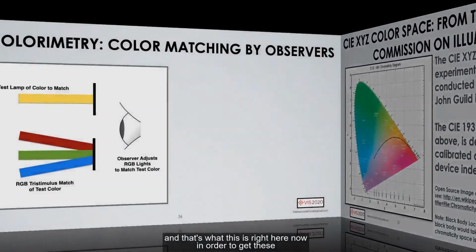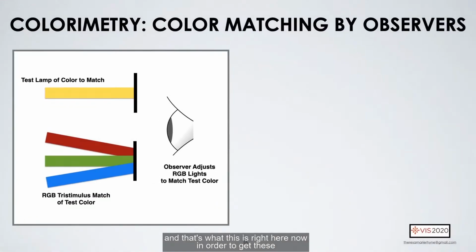Now, in order to get these values, they had to run these experiments. And Munsell was doing the same thing, color matching by observers. So what's going on here is that you stare at a light, and if your eyeballs are calibrated properly, if you don't have a color deficiency, you are asked to match that test lamp that comes out as yellow. You're asked to turn some knobs and combine colors together and produce that same yellow, matching the test color.